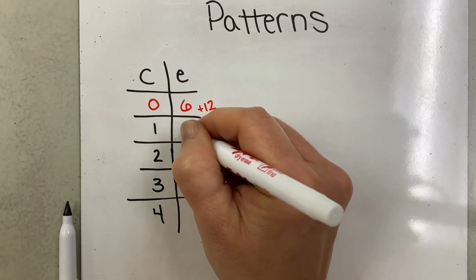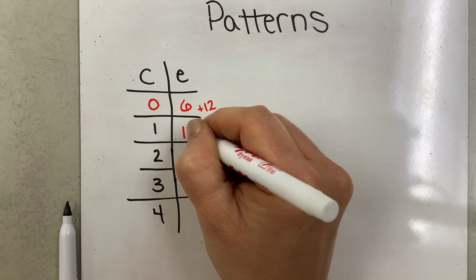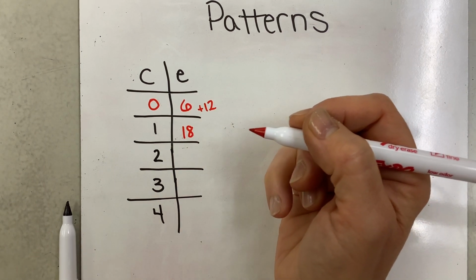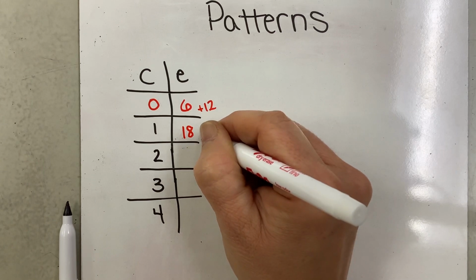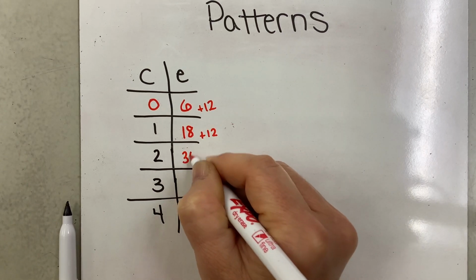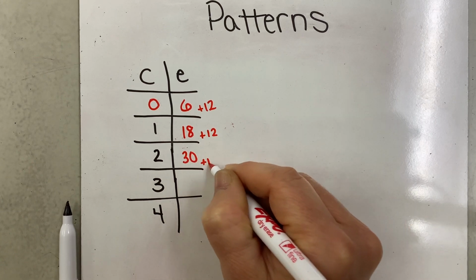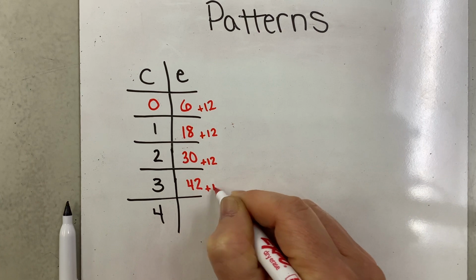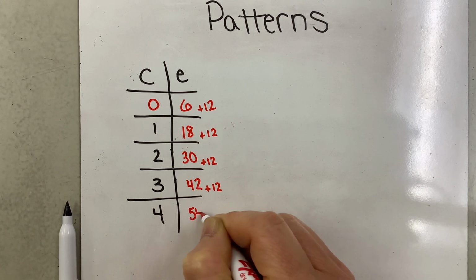So 6 plus 12 gives me 18. All right. And then I'm going to add another 12. And when I do that, I get 30 eggs. And then I get 42 eggs. And then I get 54 eggs.